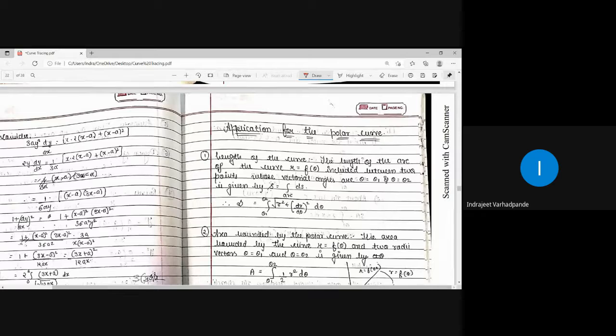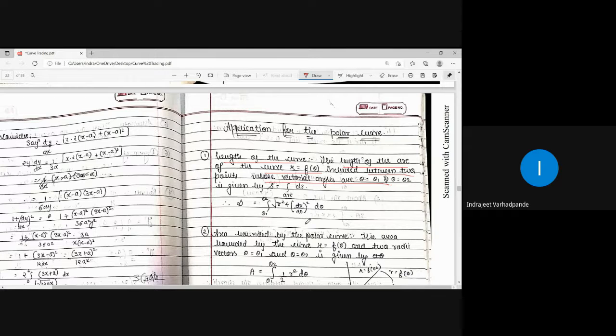The very first formula is the length of the given curve. The length of the arc of the given curve r is equal to f of theta, included between 2 points whose vectorial angles are theta is equal to theta 1 and theta is equal to theta 2, is given by s is equal to integral theta 1 to theta 2 under root of r square plus dr by d theta whole square d theta.